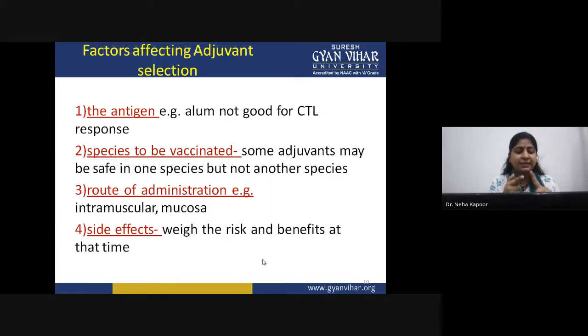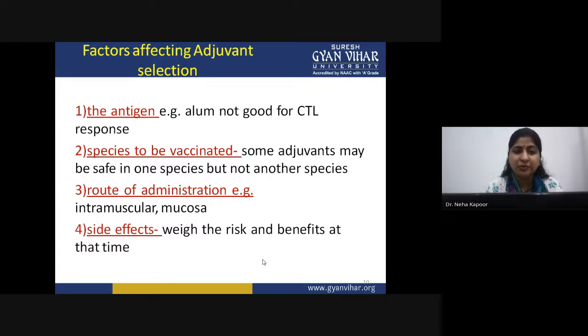The first thing is antigen. What kind of antigen are we using? As I told you, alum, which is an FDA approved adjuvant, is not good for inducing cytotoxic T lymphocytes. So if alum is not good for CTL response, then what kind of antigen can we use? Depending upon the antigen nature, we need to decide the adjuvant.